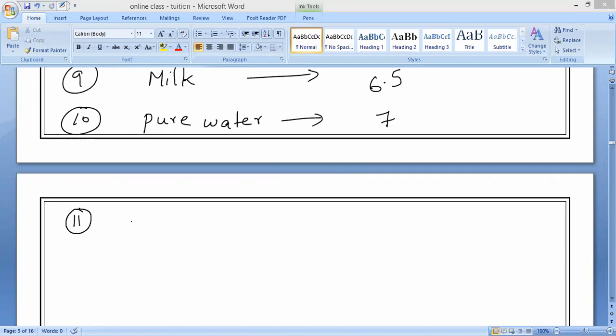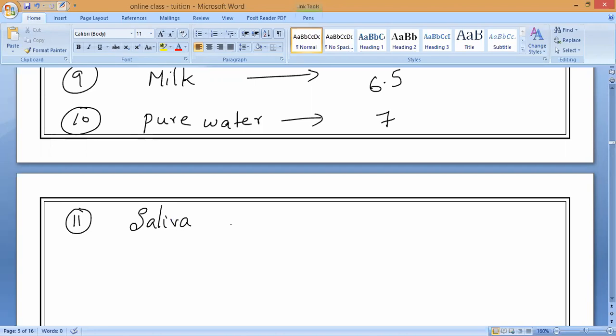Next, this is the most important one. So many times they ask about saliva. Where is saliva? Our mouth. Is it correct or not? That is also before a meal. Before meals means before your food. If you test your saliva, the pH value is 7.4.